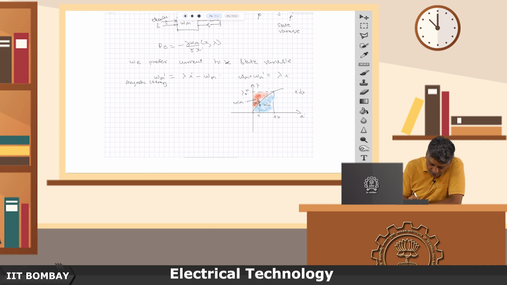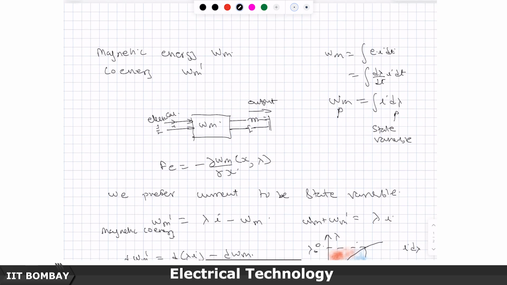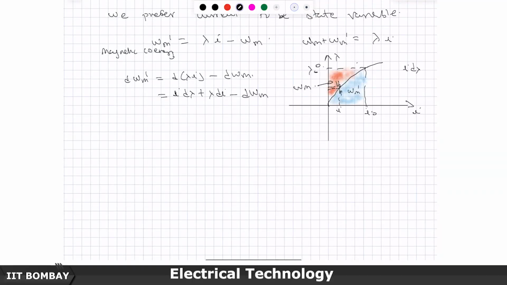So, co-energy is calculated with the state variables. Actually, if you just touch this point, dWm dash is d of lambda I minus dWm, which is I times d lambda plus lambda times di, minus what we had got for dWm, which is I times d lambda.